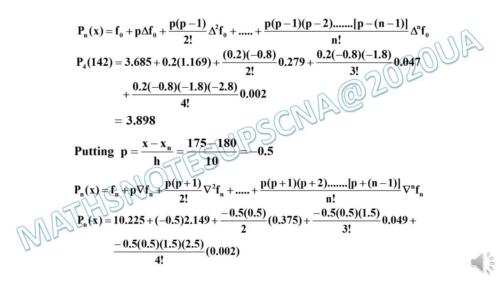Then p value is minus 0.5 into del Fn, the last value in the first order difference, plus p into p plus 1, that is minus 0.5 into 0.5, upon factorial 2, that is 2. Del square Fn is the last value in the second order difference, that is 0.375, and similarly we write all these values and calculate and get the value 9.100.